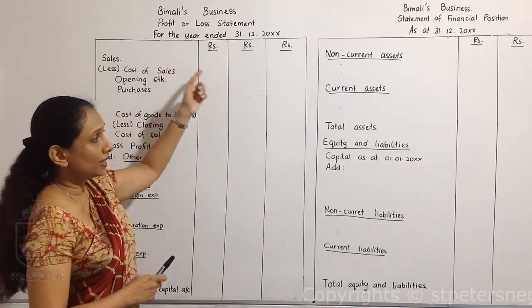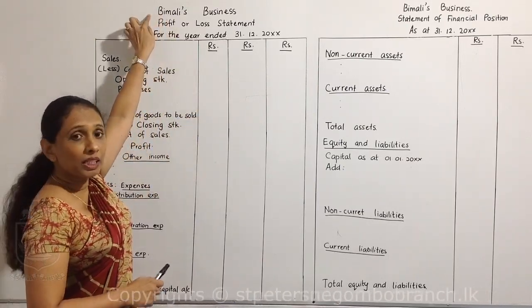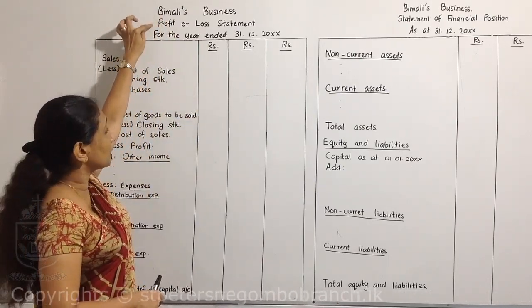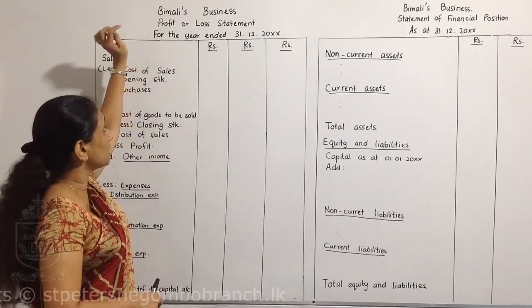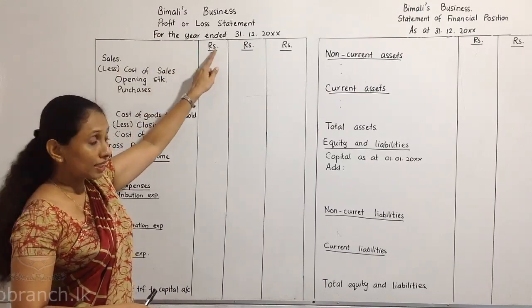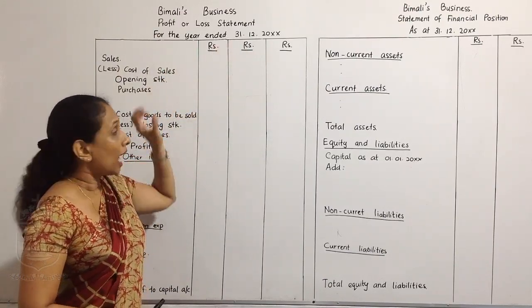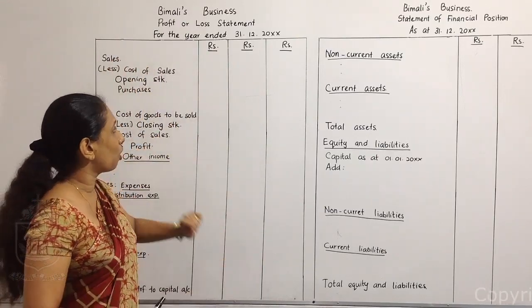Here you can see in my profit or loss statement, I have put the name, Bimali's business, and the name of the statement, profit or loss statement, prepared for the year ended 31st December of that particular year. And I have drawn the format.